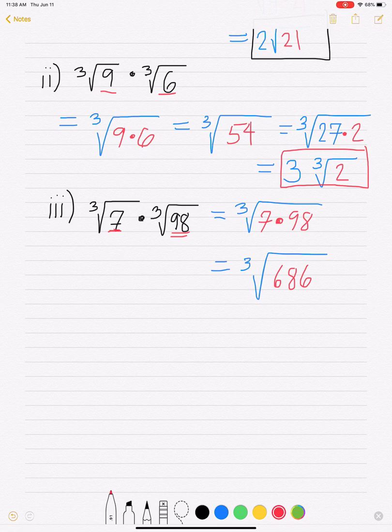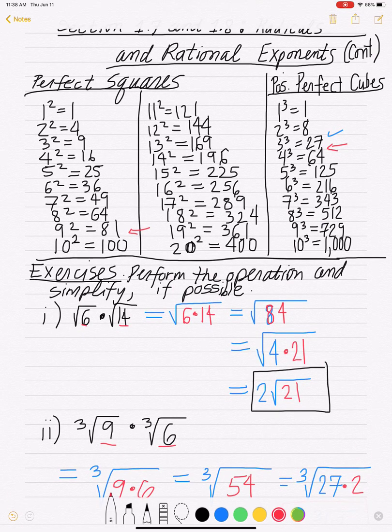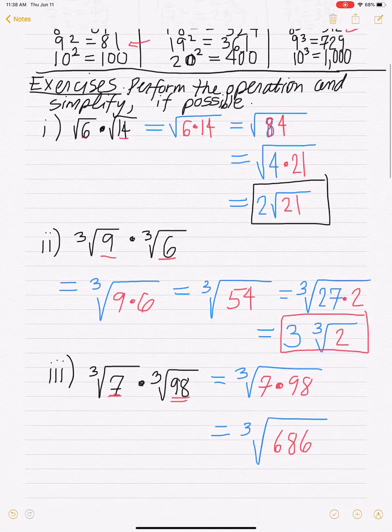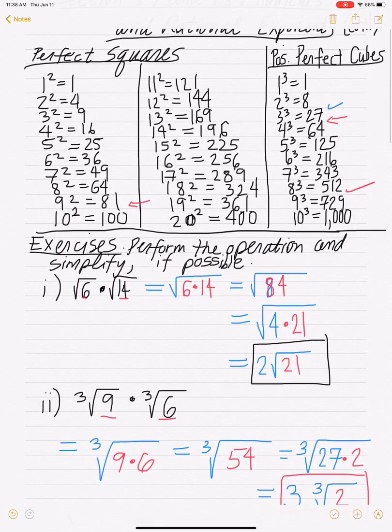Now, are there any perfect cubes within 686? 686, first of all, is not a perfect cube. So I'm looking along here. 686 would be somewhere between 512 and 729. But are there any perfect cubes that 686 is factorable by? So we can try, is 686 divisible by 8?